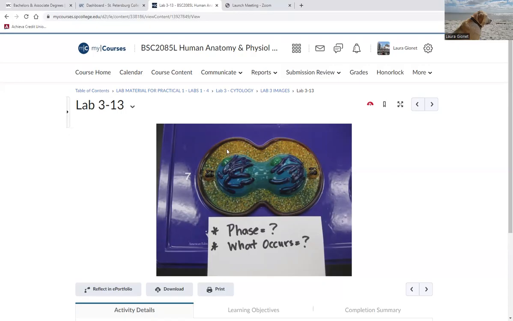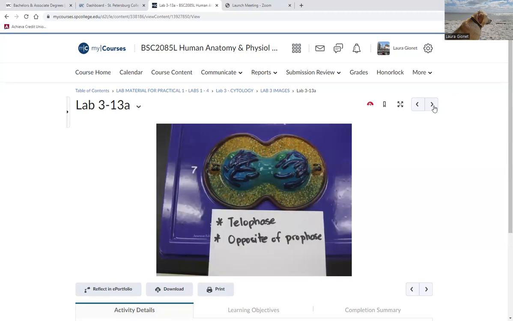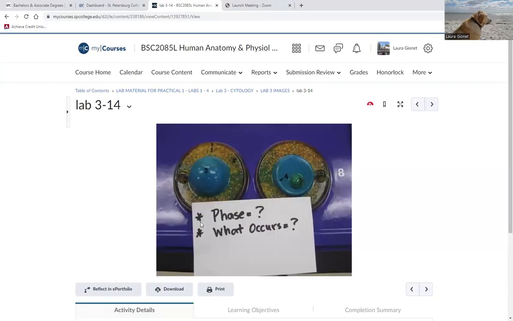This represents telophase. And once we really get these nuclei nicely well established here, we will finish pinching off in the center, and cytokinesis is complete. Cytokinesis will be complete. It's just the opposite of prophase, which is what it does.